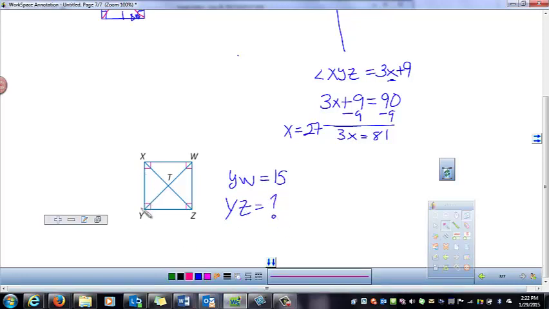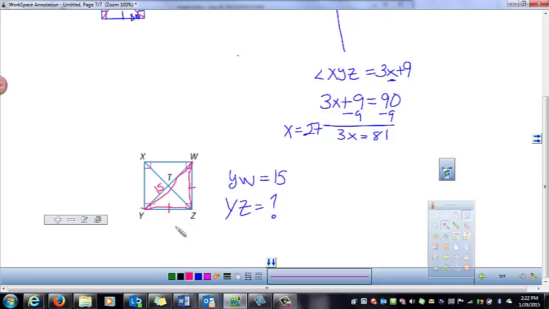So YW is 15, and you need to know YZ. This is tricky because you need to see that the triangle in the square is a 45, 45, 90 triangle.